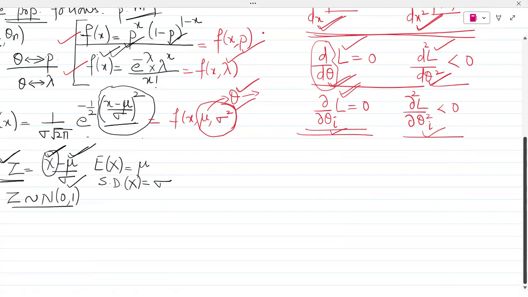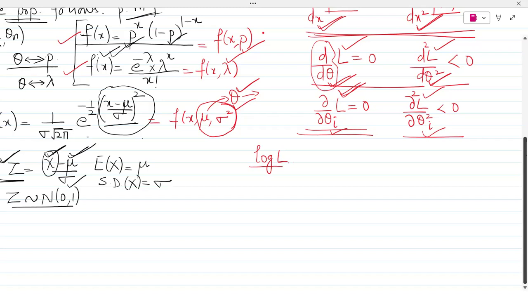And then, in practical questions, rather than maximizing L, we will be maximizing log of L. Why so? The reason is simple.